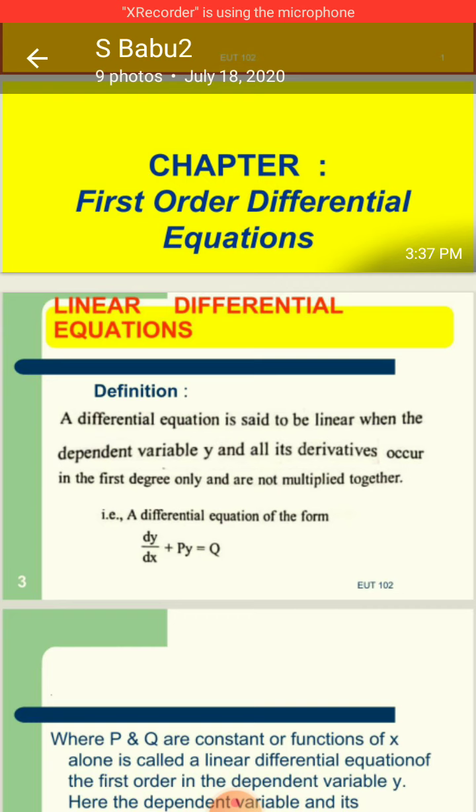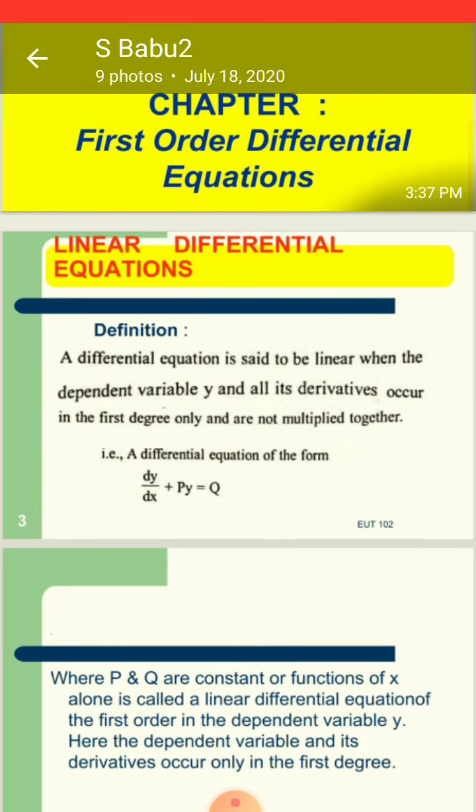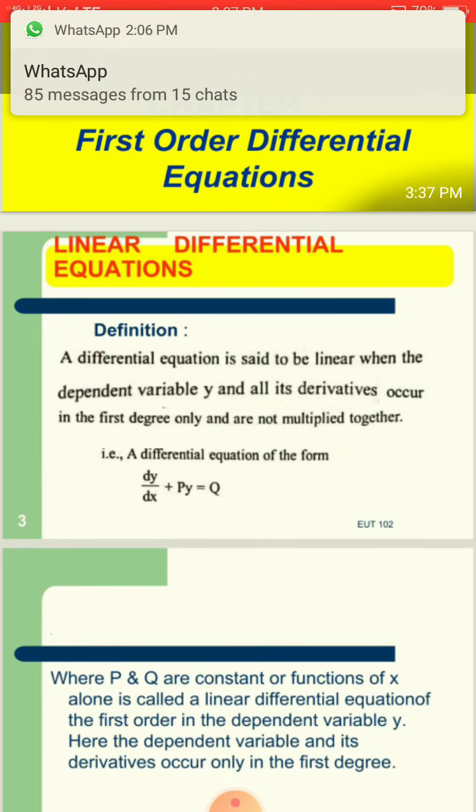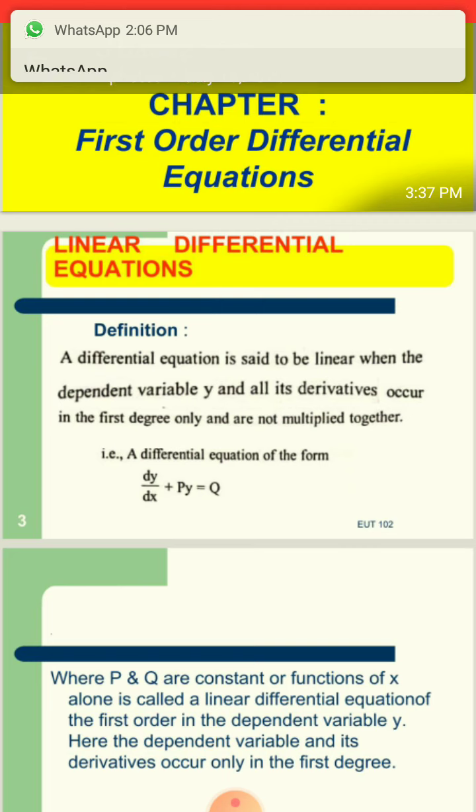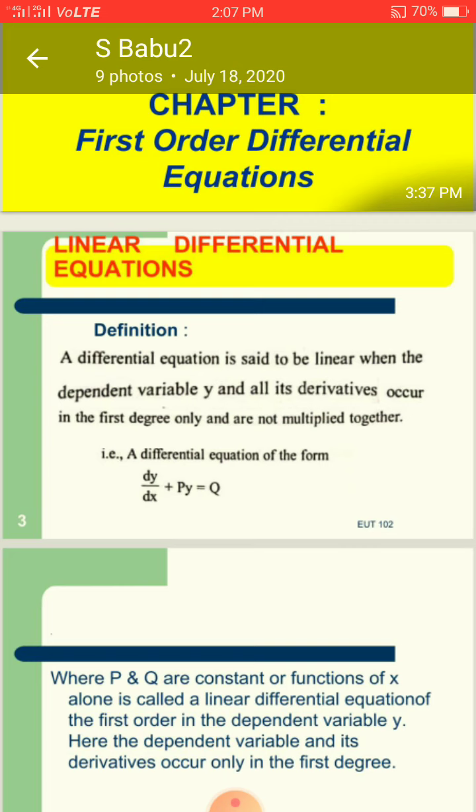Firstly, I would like to discuss the formation of ordinary differential equation. So how do you form an ordinary differential equation? Firstly, we are given a curve's equation. We consider how many arbitrary constants are in this curve's equation.